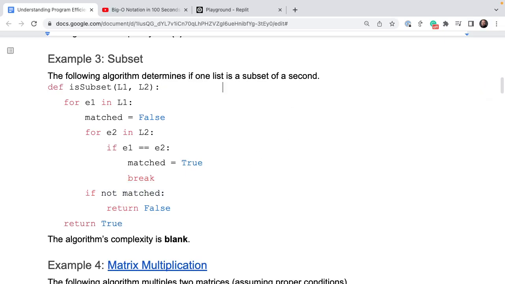Like if you have list 1 is, let's say, 1 and 2, and list 2 is 1, 2, 4. You can see right here, this should return true because list 1 is a subset of list 2.